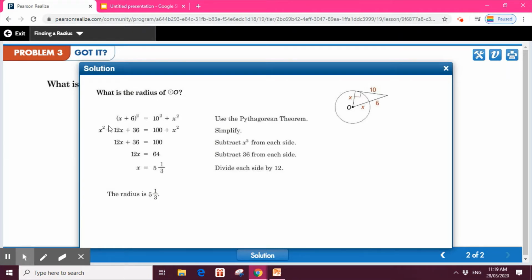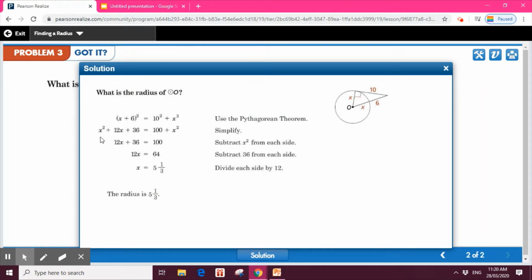With the use of the FOIL method or by using the distributive property, we have x squared plus 12x plus 36: x times x is x squared, 6 times 6 is 36 from the last term, and from the middle term we have 6 times 2, 12, times x is 12x.